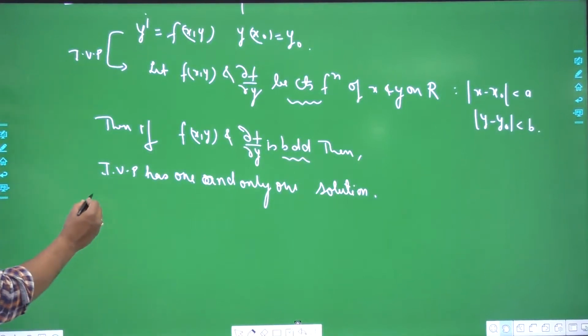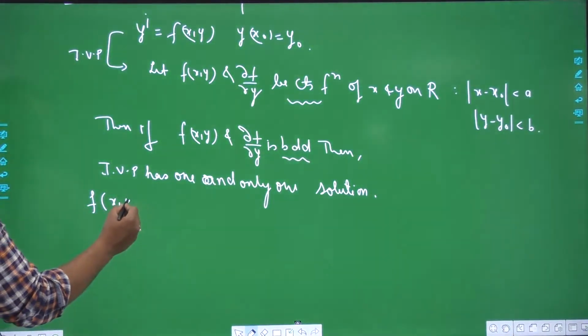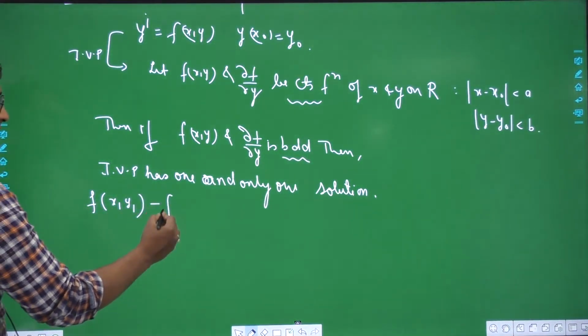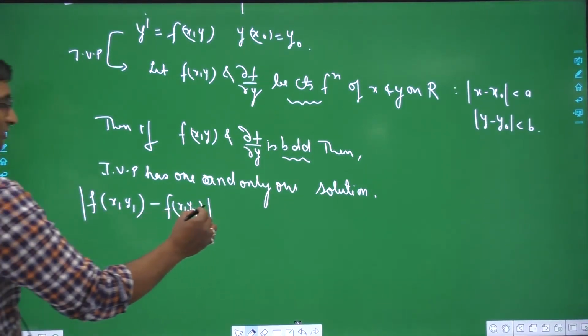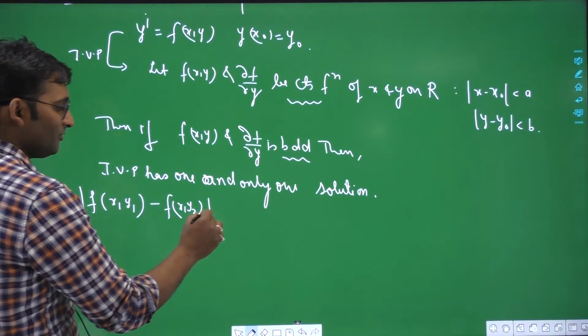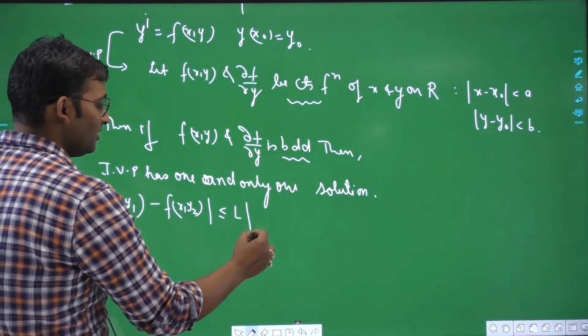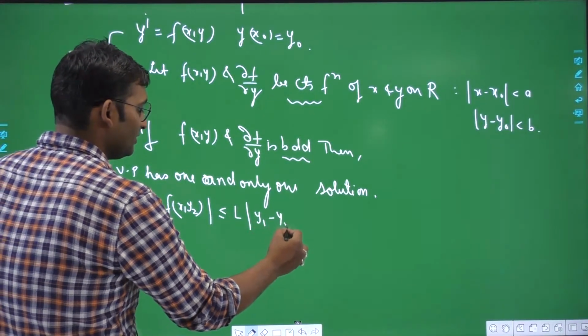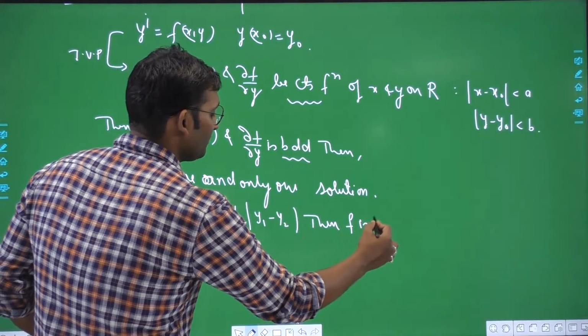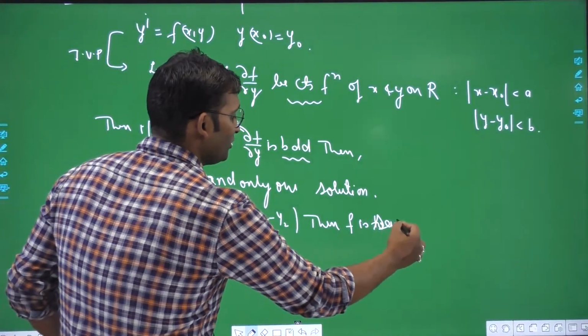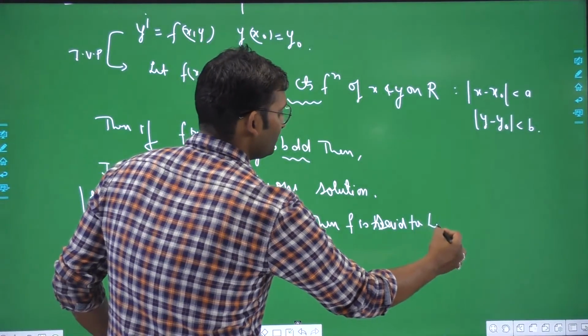So, for example, if there exists a constant such that |f(x, y1) - f(x, y2)| is less than that constant times |y1 - y2|, then f is said to be Lipschitz continuous.